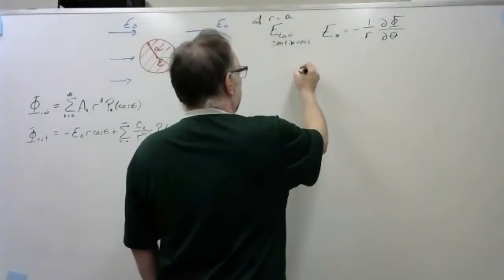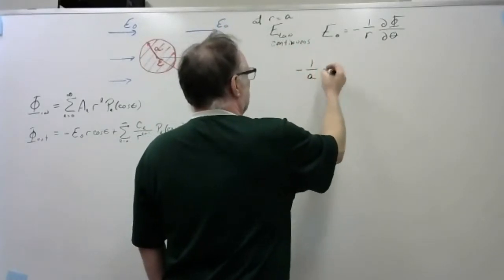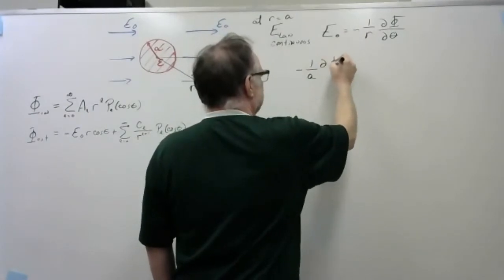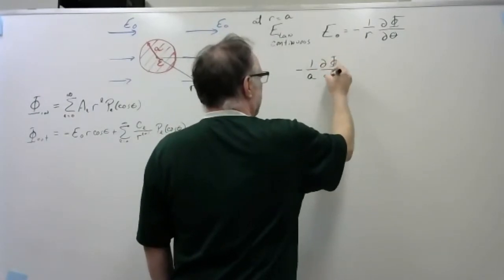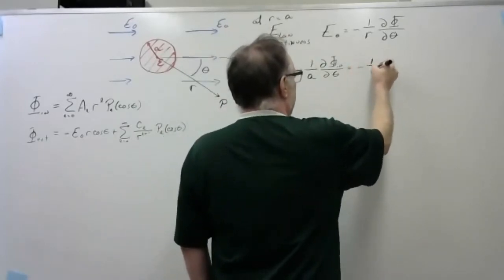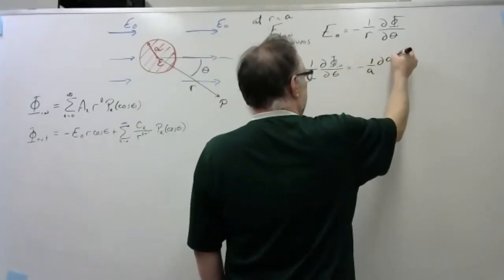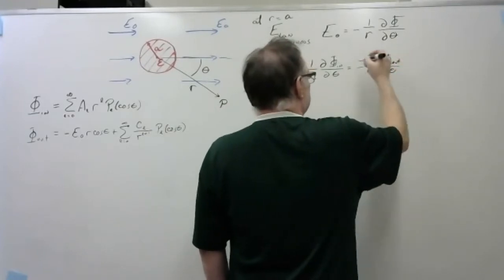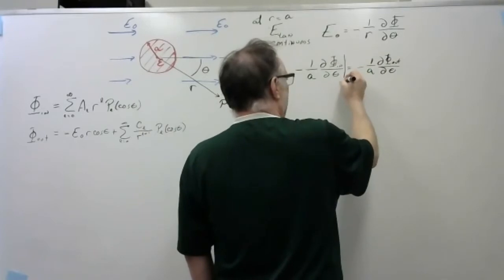So I'm going to evaluate this part at A, so 1 over A, d phi in, d theta equals minus 1 over A, d phi out, d theta, when both of these are evaluated at R equals A.